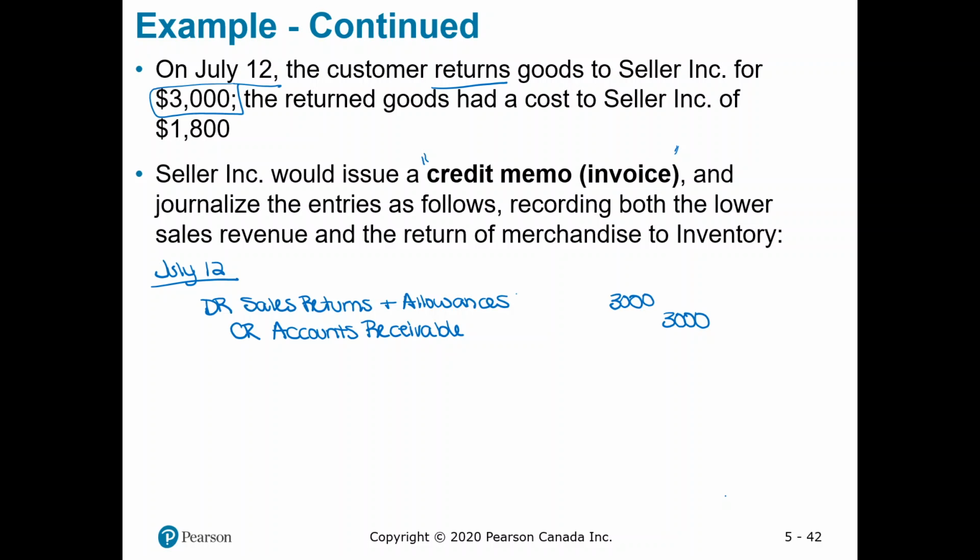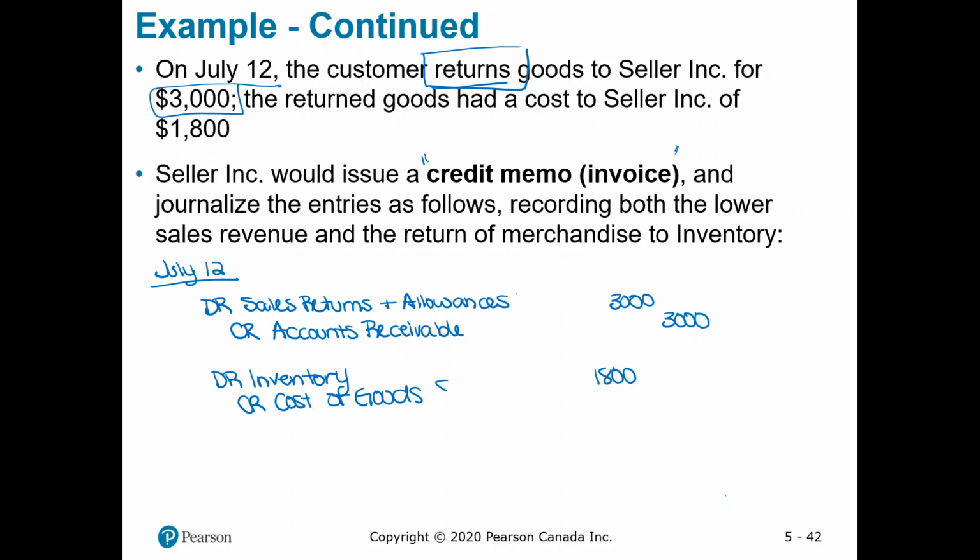But like when we sold the goods, we also have to consider the inventory and cost of goods sold side. So here it is a return. The customer is actually giving us these items back. Because of that, we also need to reverse the entry and put the items back into inventory. So we will debit inventory because we got these items back. So debit $1,800 and credit our cost of goods sold.